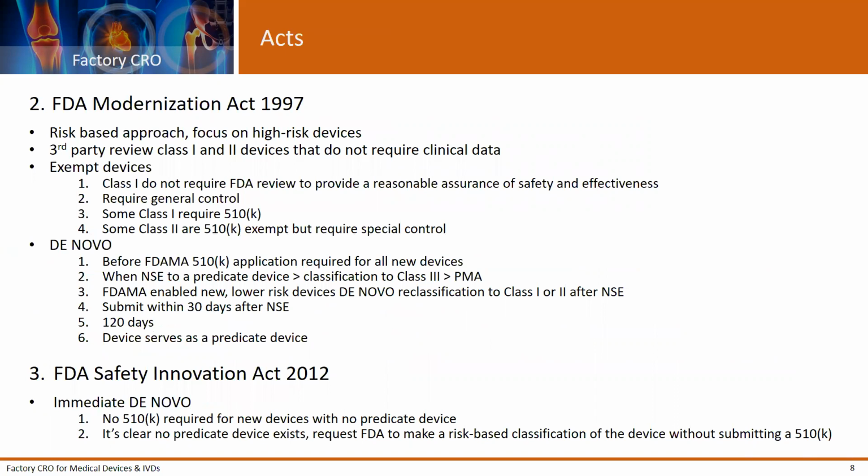The FDA Modernization Act from '97 is important to touch on because this was the first time that the de novo process was implemented.